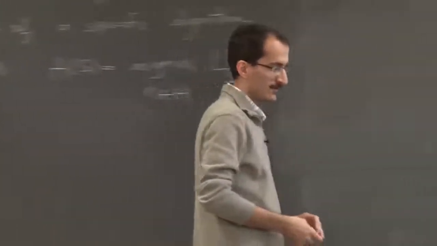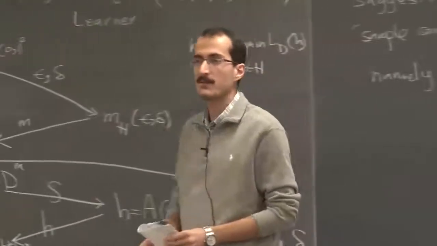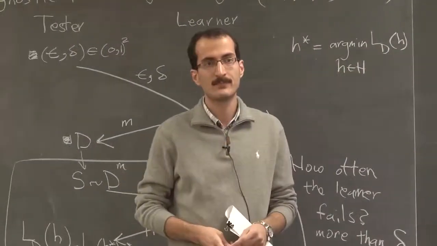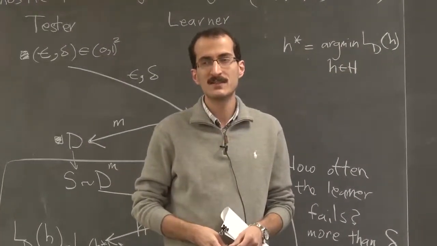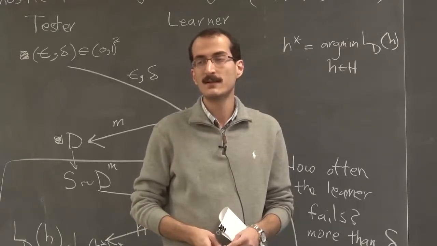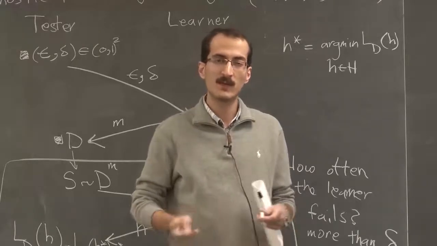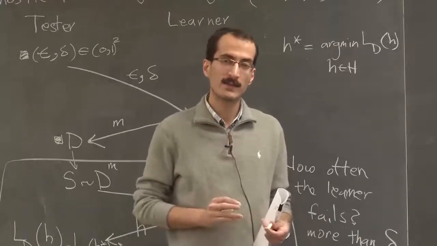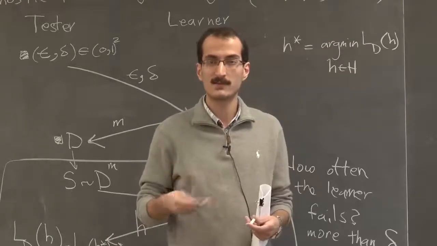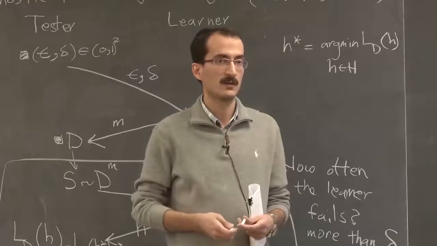Maybe I need to use the notes. And how can we bound the sample complexity of ERM? One intuition is that because ERM works on the sample, not the true distribution, it will work well when the true loss is very close to the empirical loss.